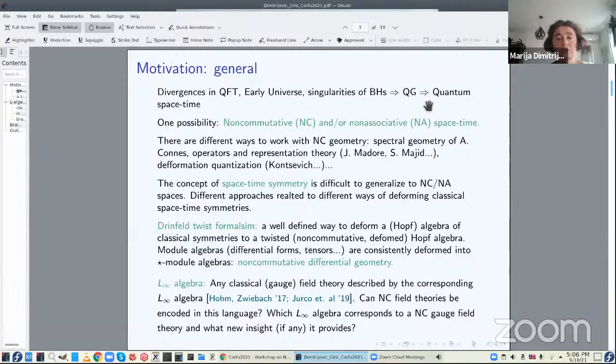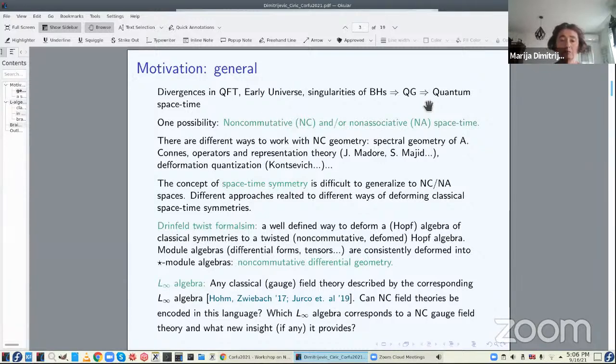And then there is the deformation quantization, which different people worked on. We all know about Kontsevich's formality map, and so on. Whatever you do, when we go to non-commutative spaces, there is the concept of space-time symmetry that is relatively difficult to generalize. And we somehow stumble on this concept. We either ignore it or we try to say something about this. And luckily for us, there is this Drinfeld twist formalism, which is a well-defined way to deform a symmetry Hopf algebra to a twisted symmetry Hopf algebra.